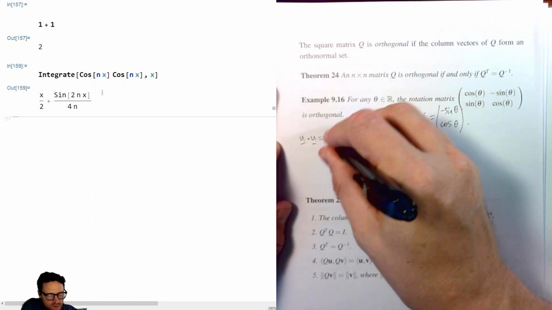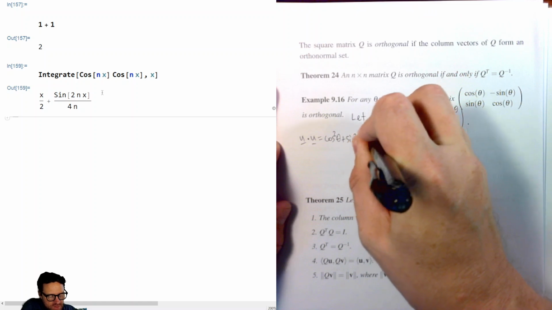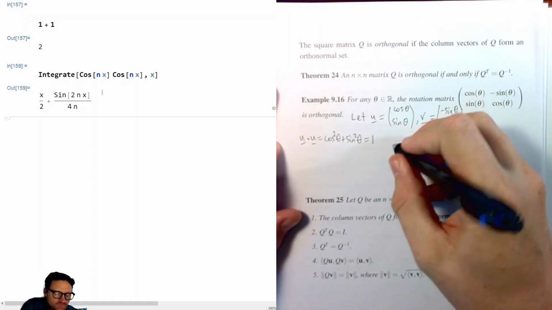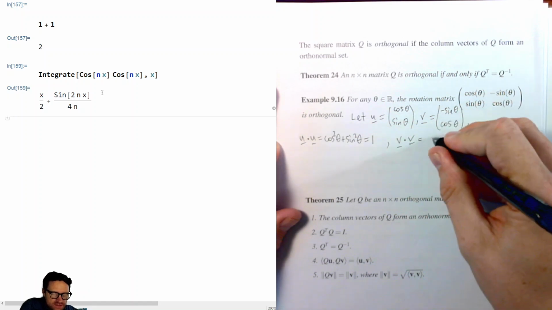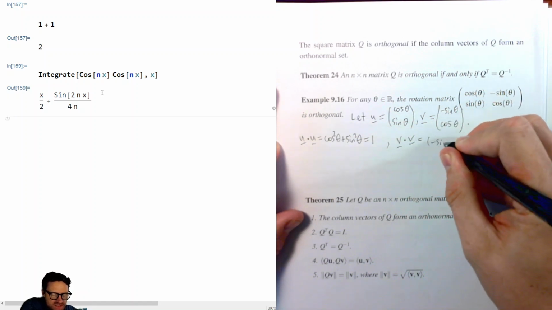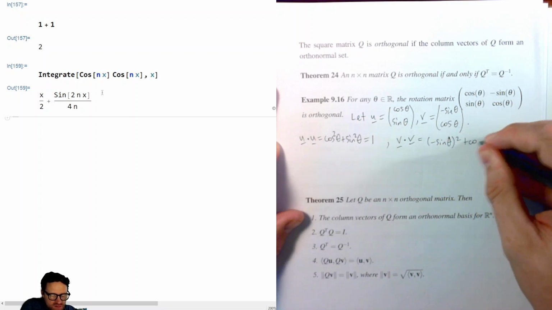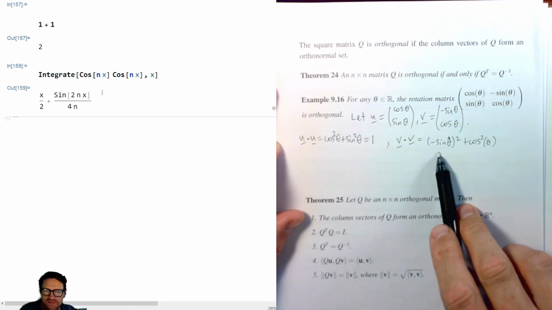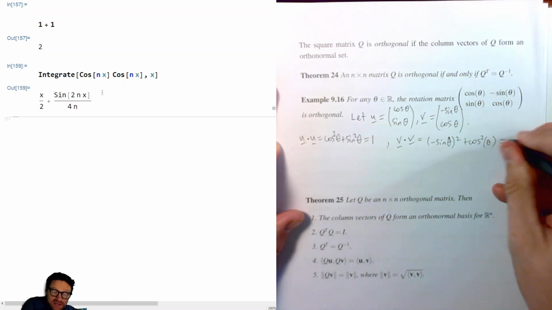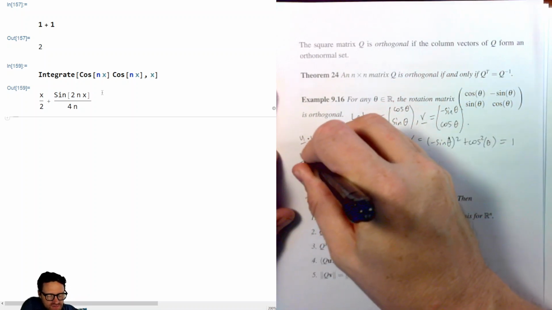So that's cos squared theta plus sine squared theta, which is 1. And also V dot V is minus sine theta squared plus cos squared theta. And we simplify that and have sine squared theta plus cos squared theta. Again, that's 1.